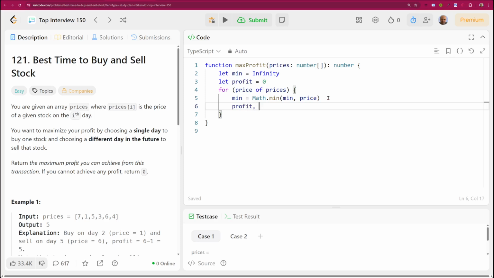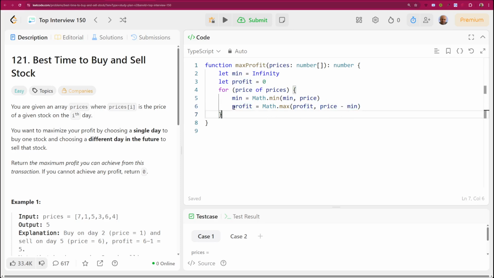And then we take today's price minus this new minimum price, and take the maximum of these two numbers: profit so far, and the profit that we could achieve by selling today.